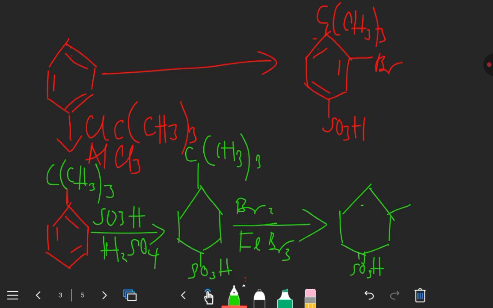Then at this position we have now a bromine. Then at that position now we have C(CH3)3. So we have formed the product which we are interested in.